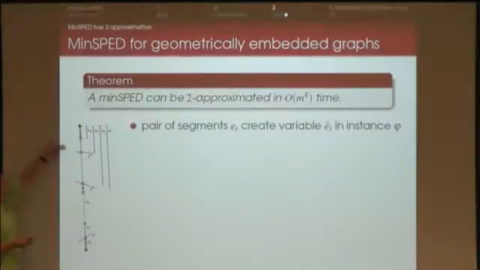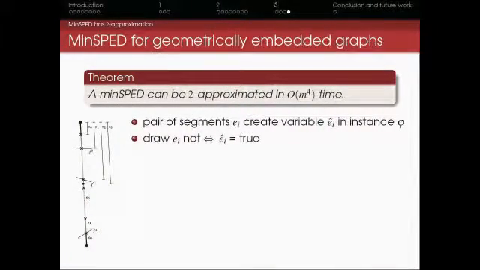And the pair of segments Ei are now the part from, for example, this vertex to F2, if we define the one part of the segments per E1. So Ei in general is defined by the i+1's crossing edge. And those segments create now variables in the instance of our problem. And we say that the pair of segments is not drawn if the variable in the instance is true.